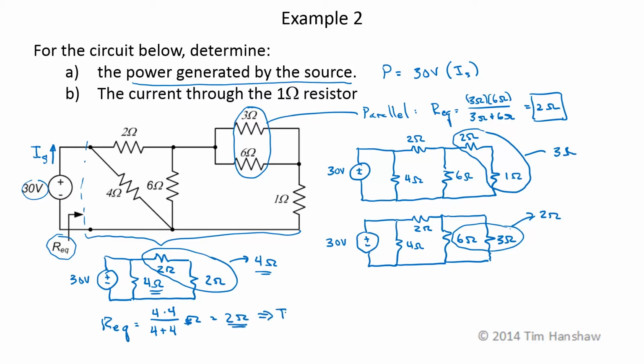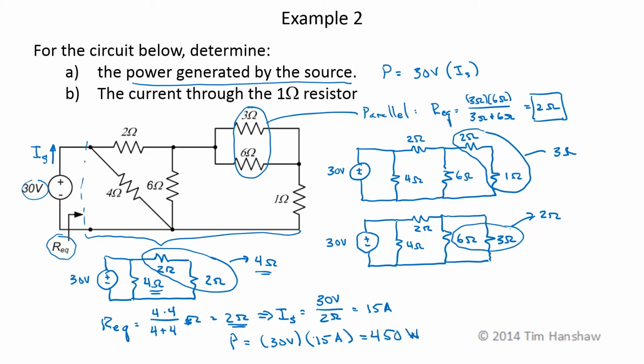So I sub s is going to be 30 volts over 2 ohms, or 15 amps. And the power delivered by the source is going to be 30 volts times 15 amps, which is 450 watts.